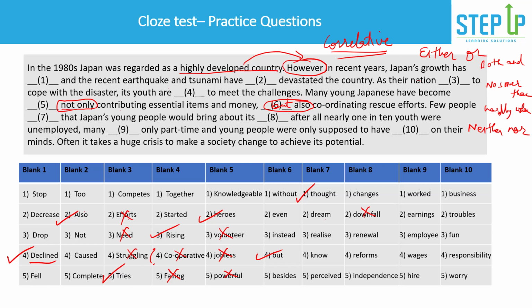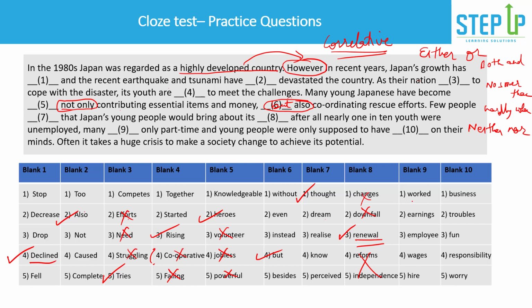No, they didn't bring about downfall, they started helping. Renewal, right? Because they are sort of coping with this whole thing. So renewal is the best word here. Bring about its renewal. Reforms, independence don't make sense. Changes doesn't make sense. Bring about its renewal. After all, nearly 1 in 10 youth were unemployed.